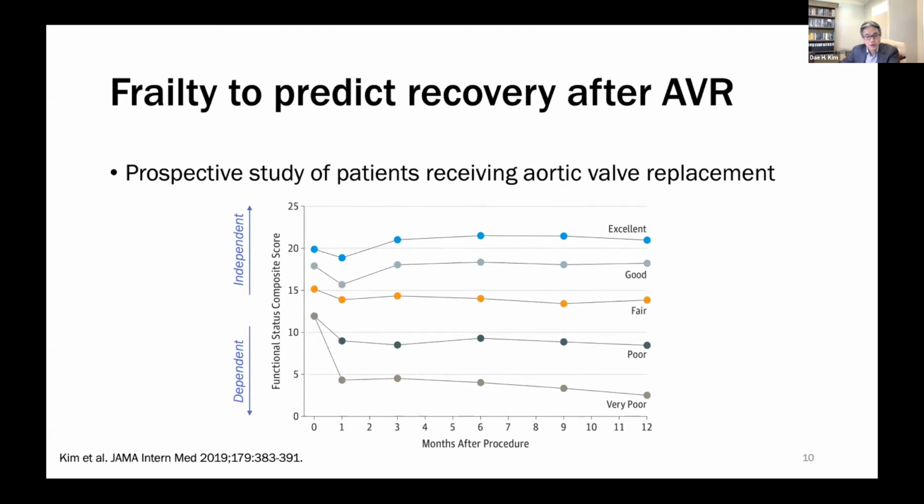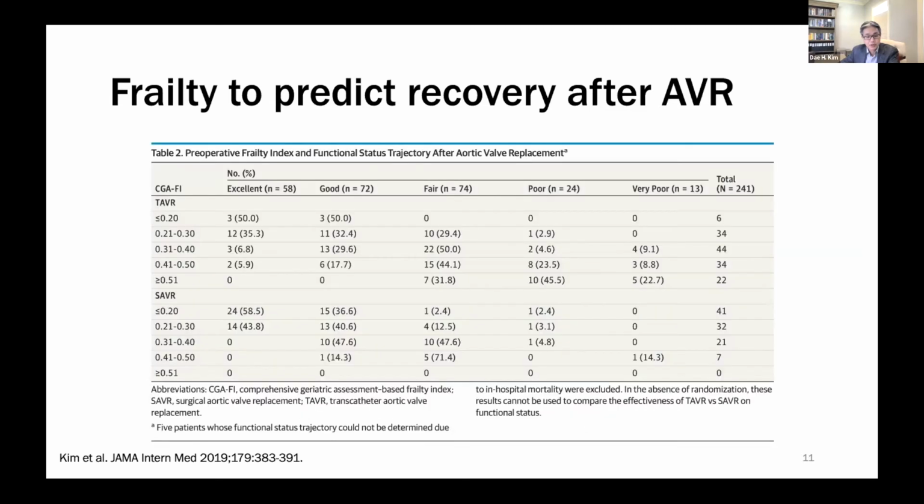Patients who followed the excellent or good trajectory on the top recovered by 3 months and remained at that level of function for the remainder of the year. Patients following the poor or very poor trajectory in the bottom remained impaired for the rest of the year. So how can we predict this trajectory of recovery?